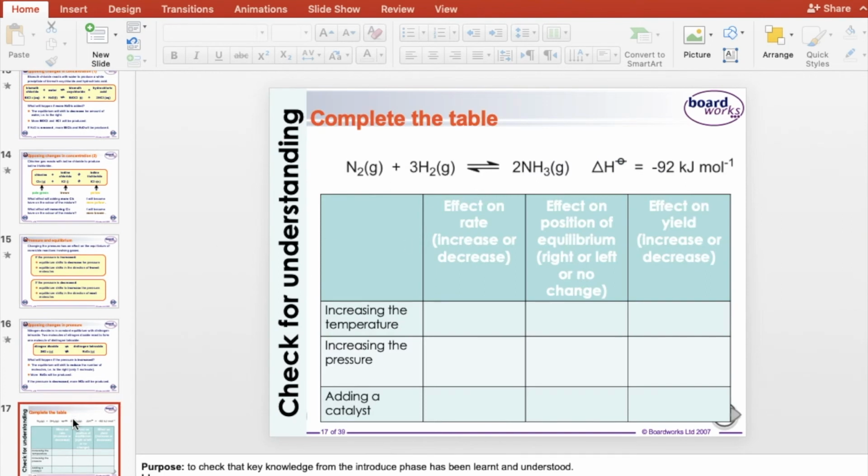As a practice, you can use this slide to bring together what you've learned from the sections on temperature, concentration, and pressure.